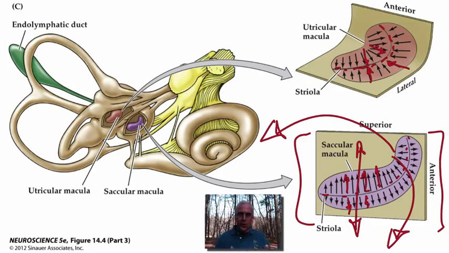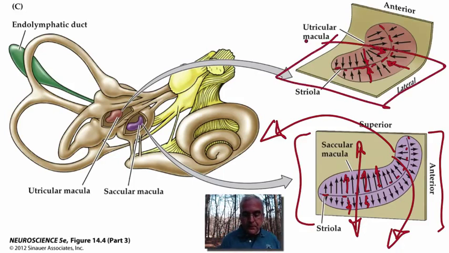That is, the longest stereocilium is towards the line of symmetry, with the shortest being peripheral to that line of symmetry. Now, this utricle macula is largely in the horizontal plane. Not entirely, there's a little bit of it that curves upward, but it's largely in the horizontal plane, while the saccular macula is largely in the vertical plane.